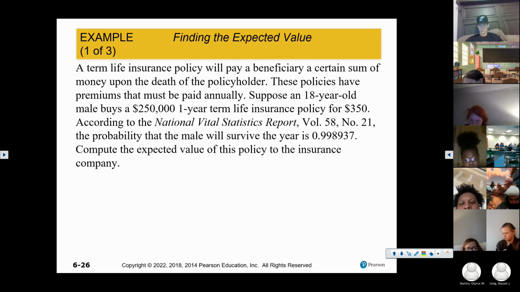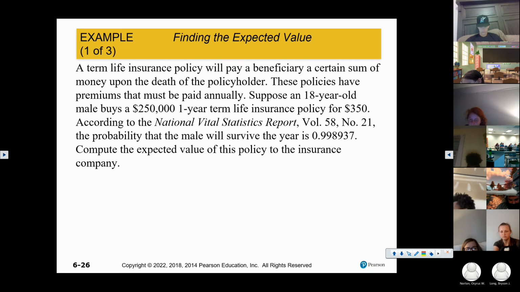Positive, because that's money coming in. What if you had to pay $250,000? Would that be a positive to the insurance company or negative? Okay, but it's not going to be 250. In their eyes, it's going to be $249,650 because they got $350 of your money.